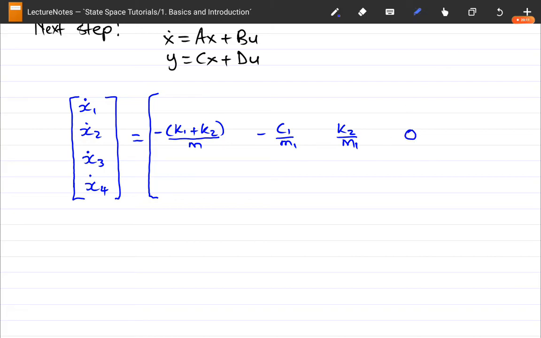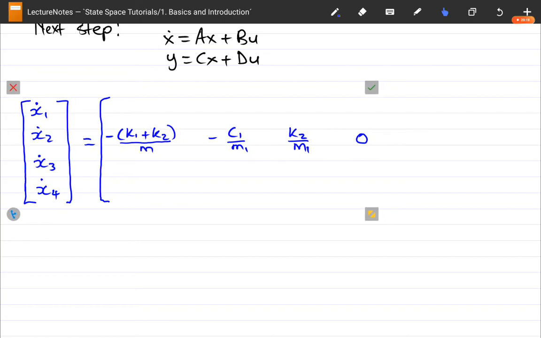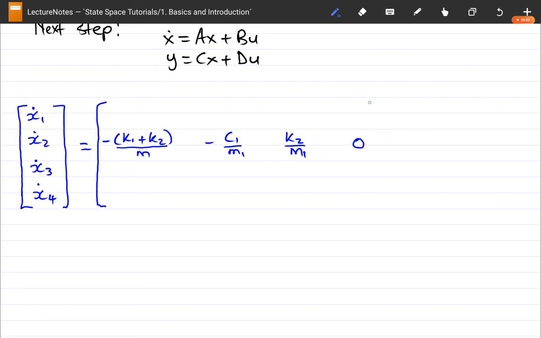Yeah, I think I should just slice this, shift it to the right, shift it to the left. Yeah, should sit nicely. Okay, and I'm going to look at x4 dot: minus k2 and m2.